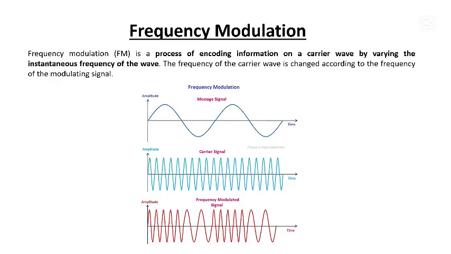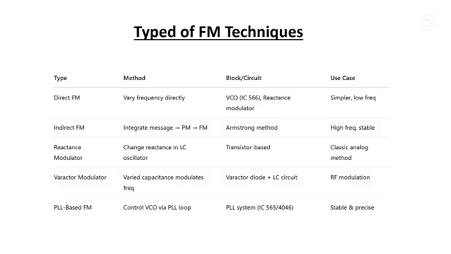This is frequency modulation. We have different ways to do frequency modulation. We can do it by the direct frequency modulation technique. In this, we use a voltage controlled oscillator.